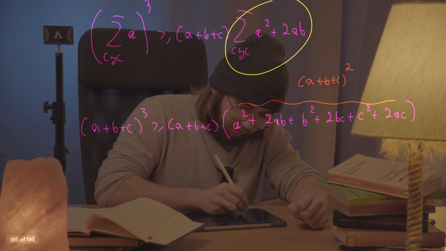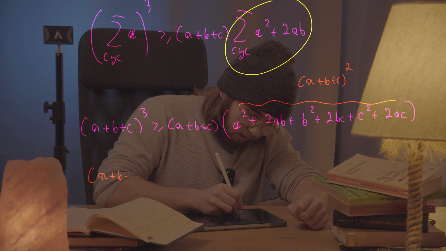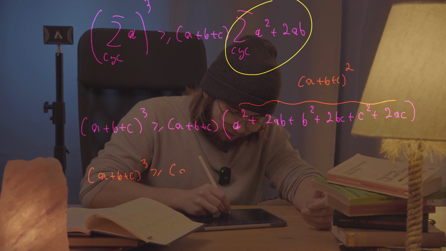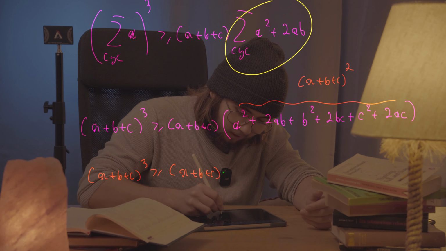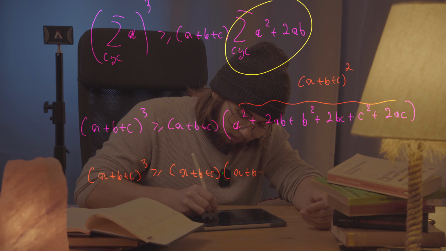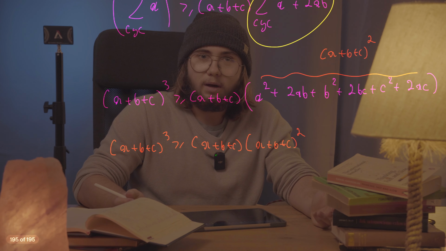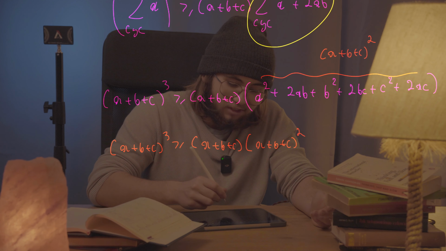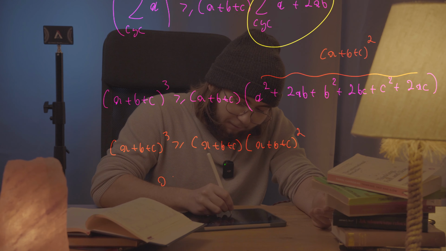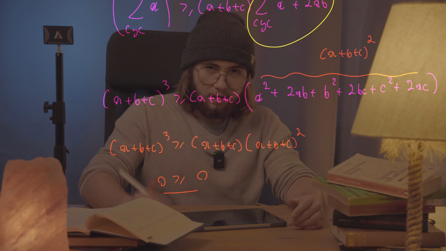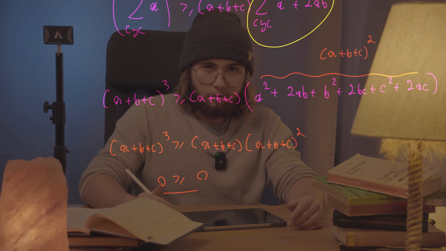So actually the left hand side is a plus b plus c all cubed, whilst the right hand side is a plus b plus c multiplied by a plus b plus c all squared. Those are equal to each other, so this is definitely true. And so we've got our inequality proven, and I can put a lovely square here.